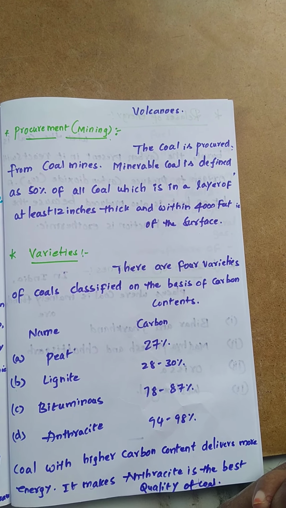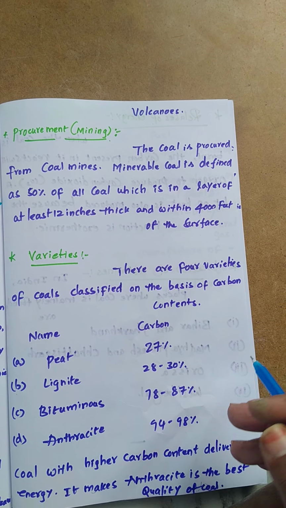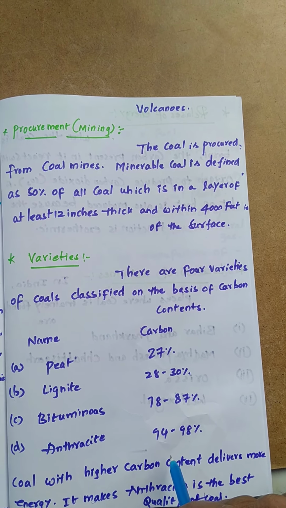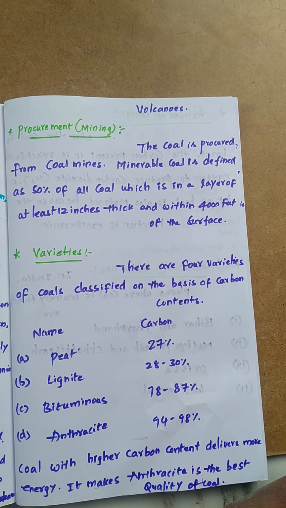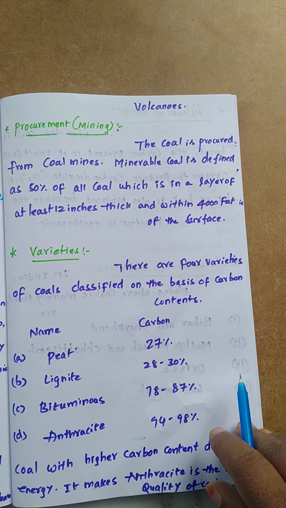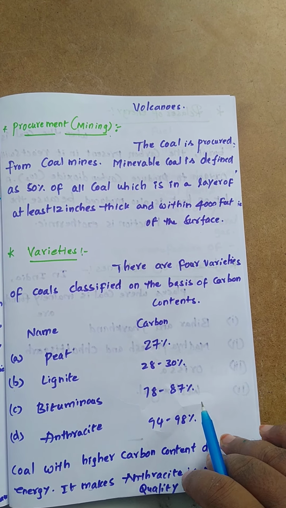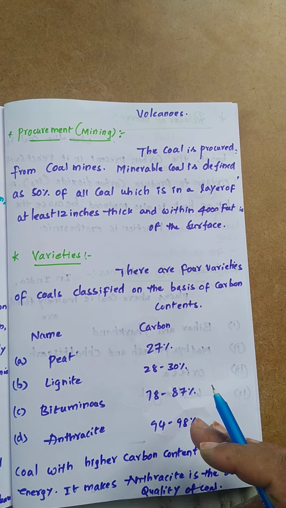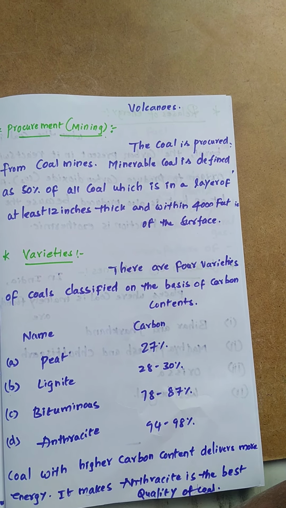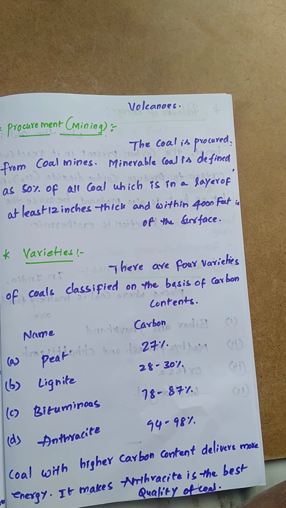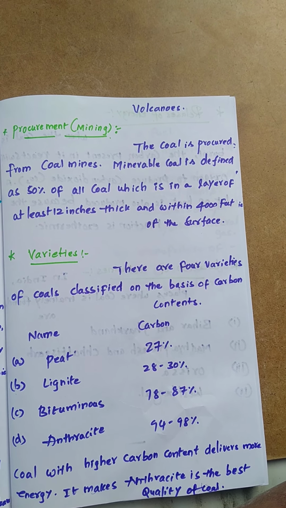More carbon means it delivers more energy, right? So coal with higher carbon content delivers more energy. That makes anthracite the best quality of coal. Out of all four varieties, anthracite has the highest carbon content, 94 to 98%, so it delivers more energy.